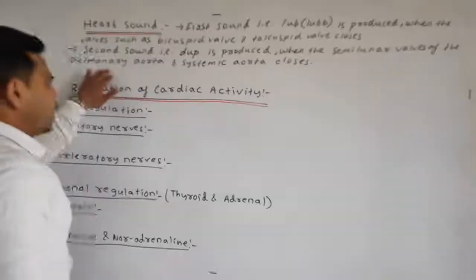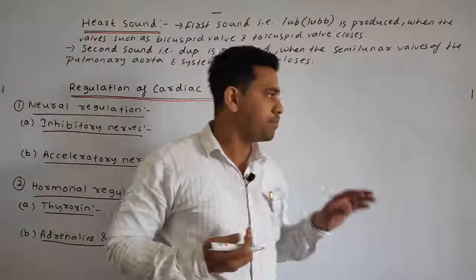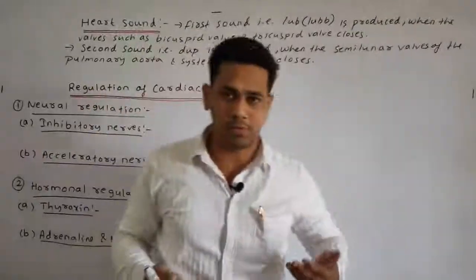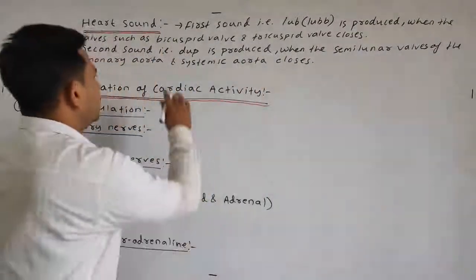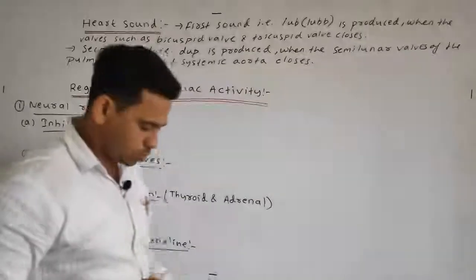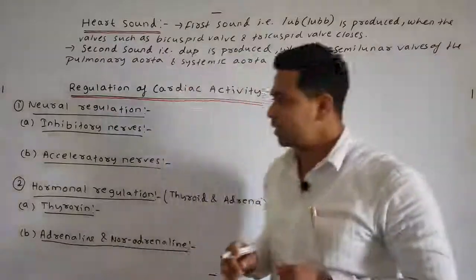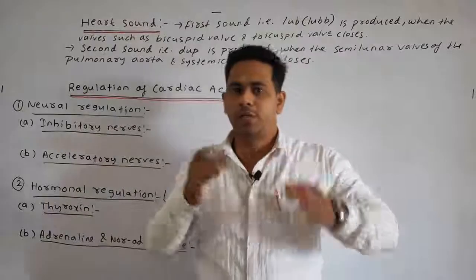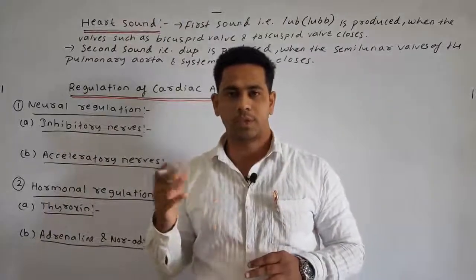Remember, pulmonary aorta arises from the right ventricle, systemic aorta arises from the left ventricle. So these are the two sounds which we repeatedly listen, lup tup, lup tup, lup tup.